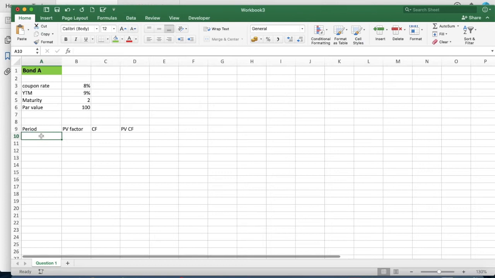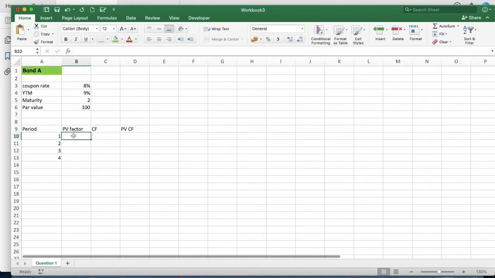Since the bond is paying semi-annual coupons, this means that the periods should be converted from annual to semi-annual. And since we have 2 years of maturity, it will become 4 semi-annual periods. So the first one, the second, the third, and the fourth period.